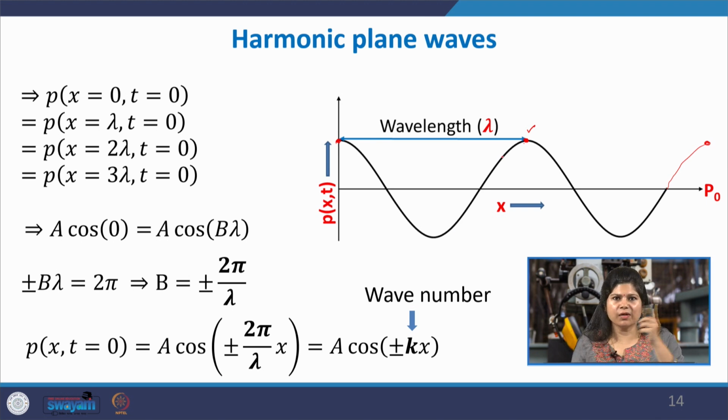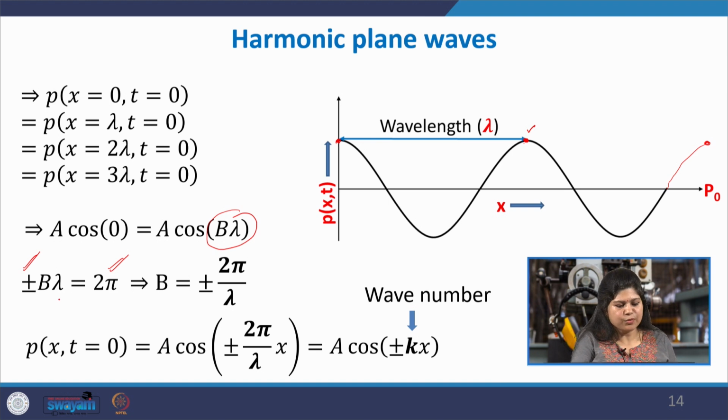After every wavelength it is repeating the pattern, which means that this bx is repeating the pattern. So, a cos 0 is equal to a cos b lambda and so on. This should be the same as 2 pi, and because it is a cosine wave repeating with respect to space, it can propagate in the positive x direction or in the negative x direction. So, we will take a general solution and add a plus minus sign to it.